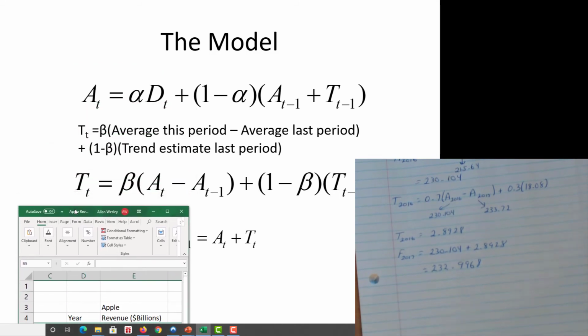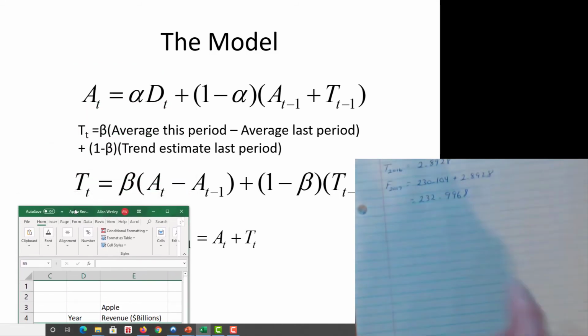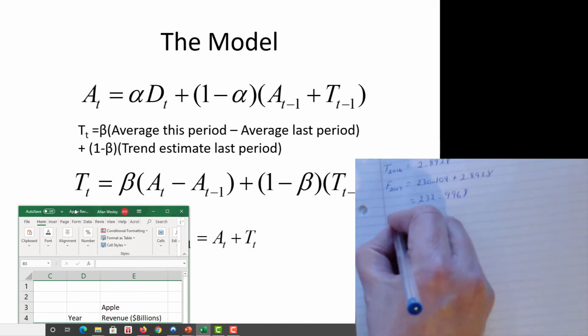So let's continue on with our theme of repetition. Let's find the forecast for 2018.